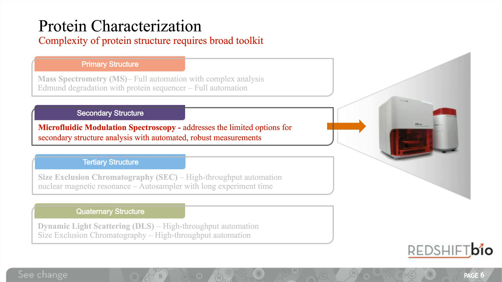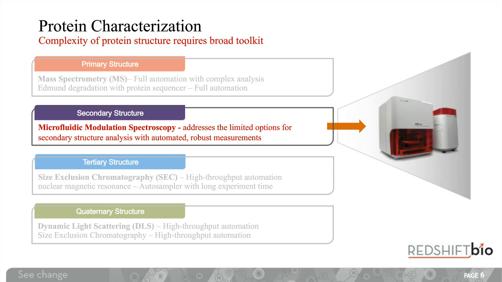And so it has not been established as quite as widely used a technique as perhaps it might have been. And these are some of the problems that we seek to solve by bringing this new technique of microfluidic modulation spectroscopy, or MMS, to market.